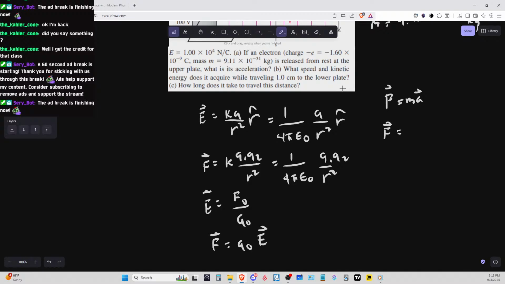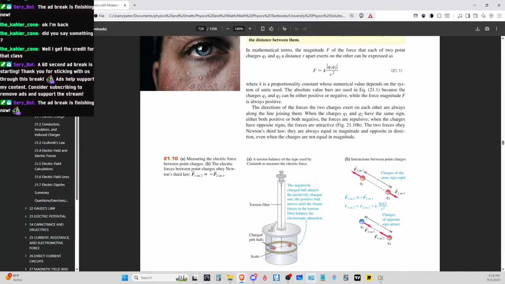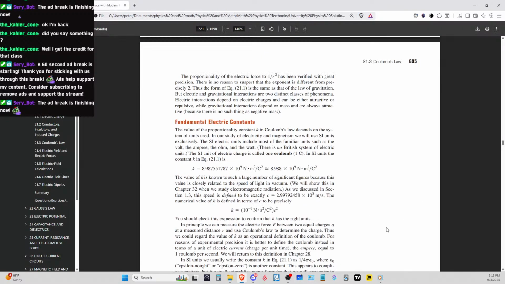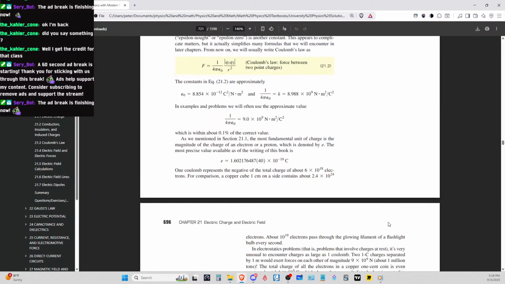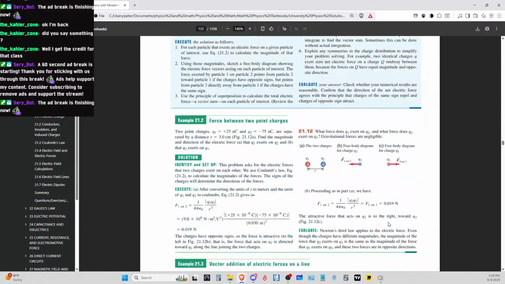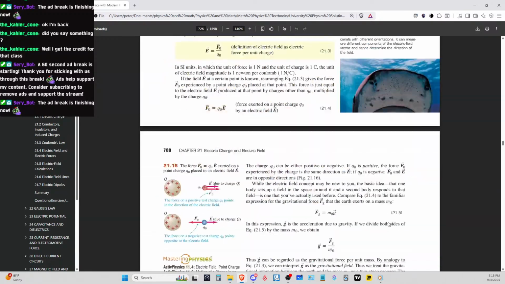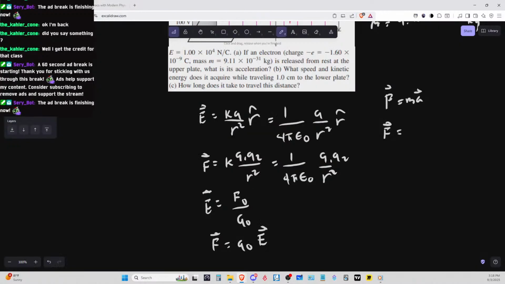This is gonna be fun. So we've got a charge. Wait, hold on, I have to look this up. Does the electric field equation have an R hat? No, it doesn't. Okay. That makes it much easier for us. Okay.